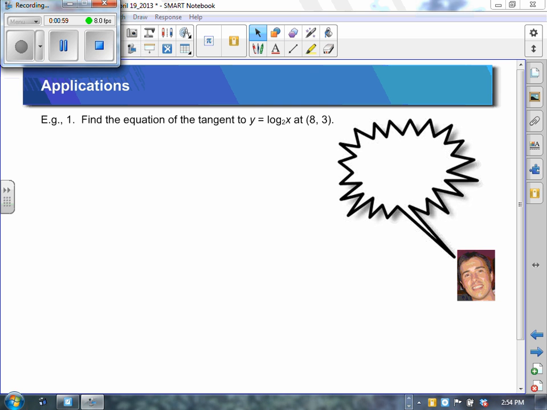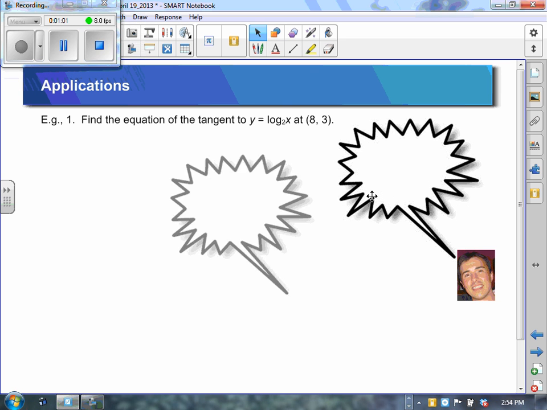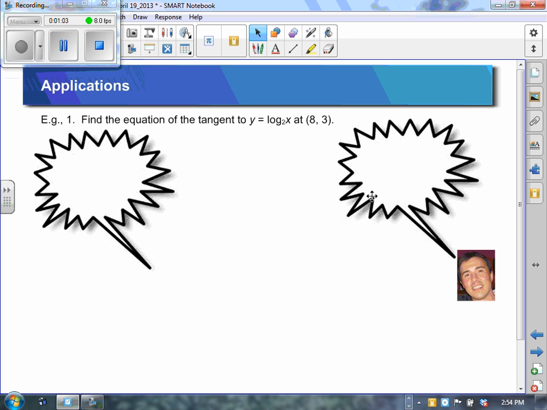Okay, so let's have a look at some ideas. So let's give a shout out here to maybe one step, and that is to say that it would be useful to find the derivative of y with respect to x.